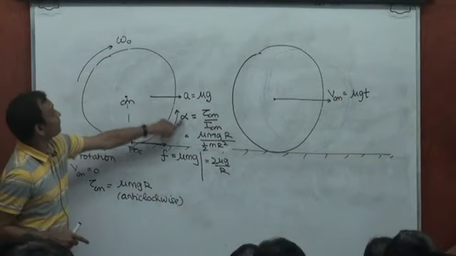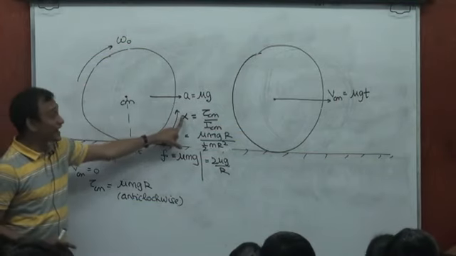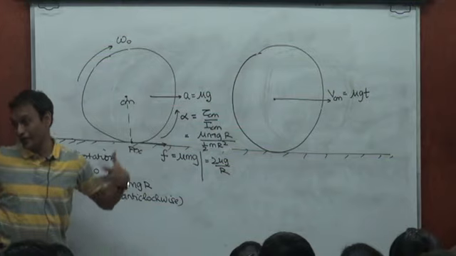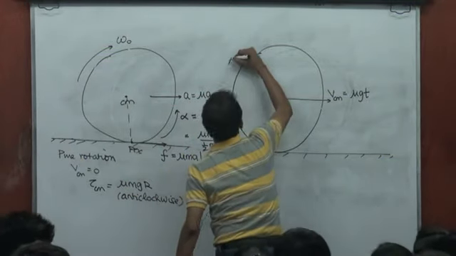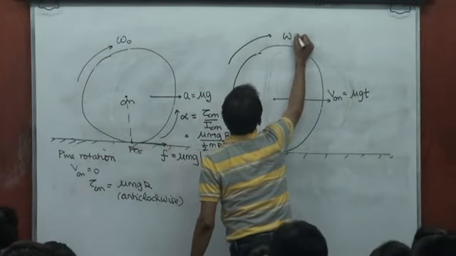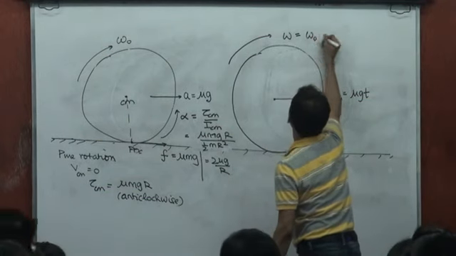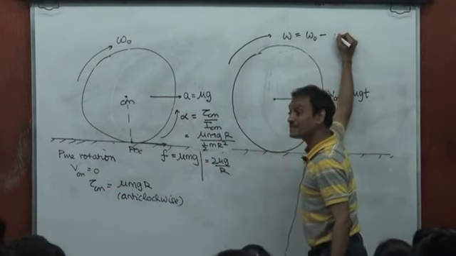Now, this alpha opposes omega. So, this is like angular retardation. So, t seconds later, the omega that you would witness on the rigid body would be the initial omega minus alpha t.